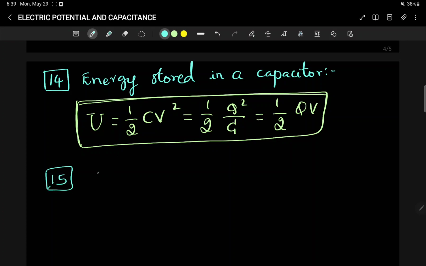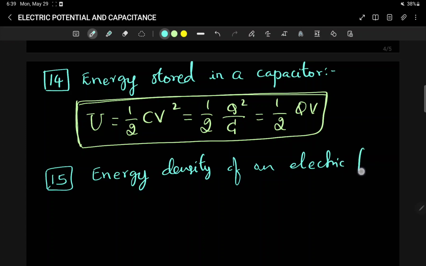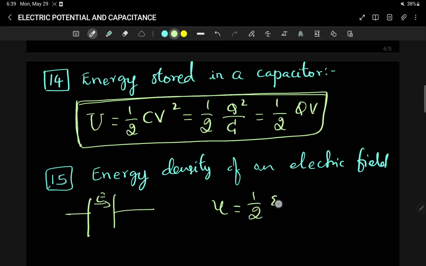I write down energy density of an electric field between the plates of the parallel plate capacitor. Here electric field will be there, right? This electric field is given by E, and energy density is given by half epsilon naught E square.